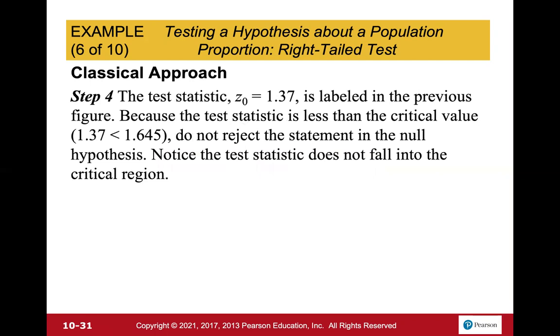All right, step four for the classical approach, the test statistic z sub 0. Our test statistic is labeled in the previous figure. Because the test statistic is less than the critical value, we do not reject the statement in the null hypothesis. So we do not reject our null hypothesis. Notice the test statistic does not fall into the rejection region.